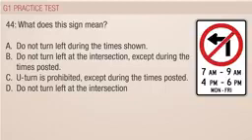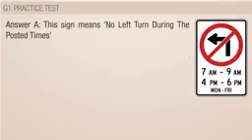A. Do not turn left during the times shown. B. Do not turn left at the intersection except during the times posted. C. U-turn is prohibited, except during the times posted. D. Do not turn left at the intersection. Answer A. This sign means no left turn during the posted times.